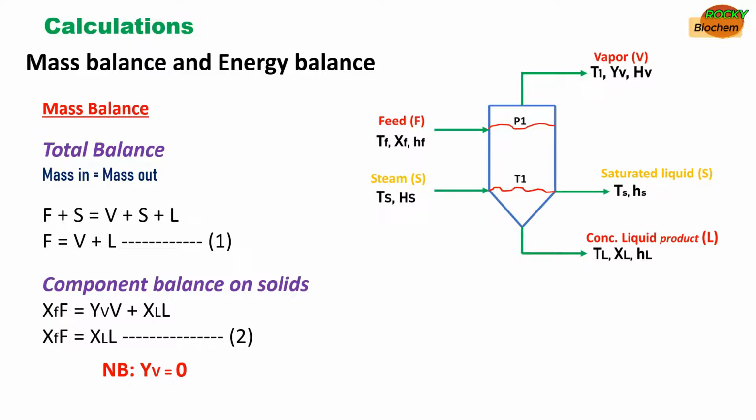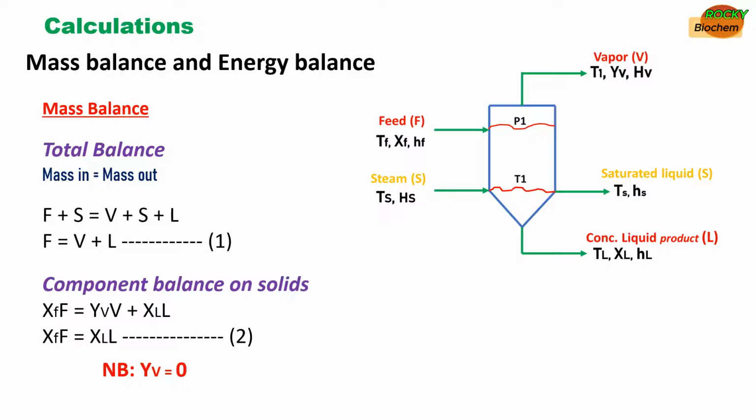What matters is that the equation has the percentage of solids multiplying the feed flow rate on one side, and it is equal to the percentage of solids in the product multiplied by the flow rate of the product. So this is our second equation, and then we are done with the mass balance.